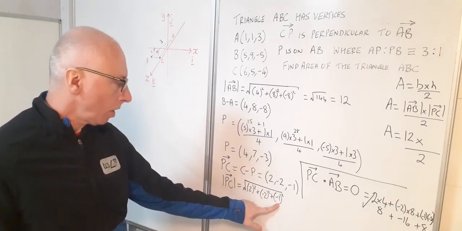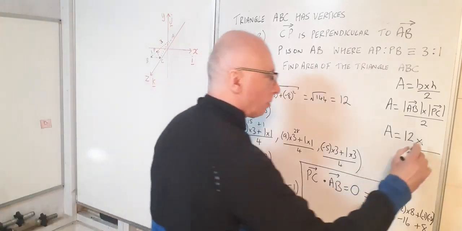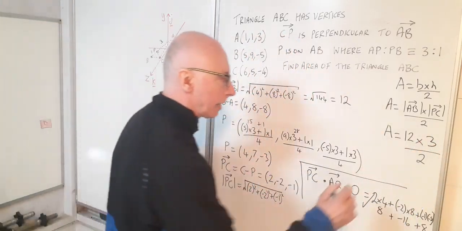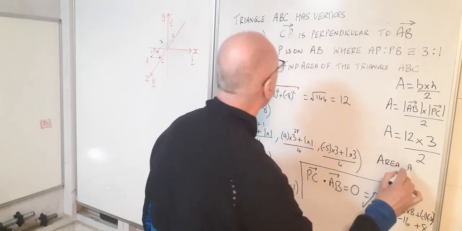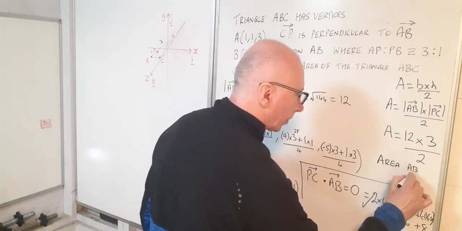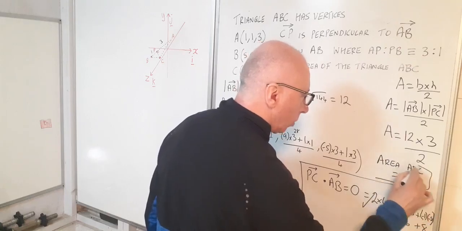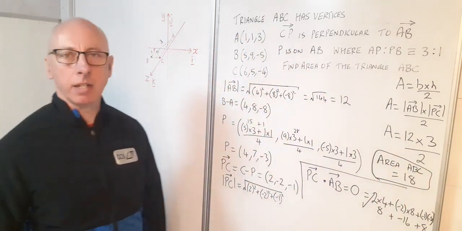So that becomes the square root of 9, which gives me 3. So 3 12s are 36, divided by 2 is 18. Therefore my area of ABC equals 18. And as we're talking in vectors, we're talking 18 units. So the area of ABC is 18.